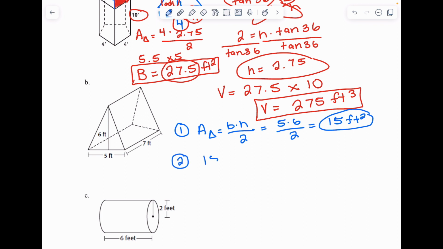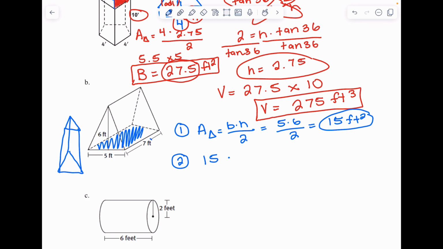And now I need to find the height of the prism. When you find the height of the prism, you are imagining that the base is on the floor. So right now, my triangular prism is sitting on one of its lateral faces. So imagine if we stood the prism up on its base.